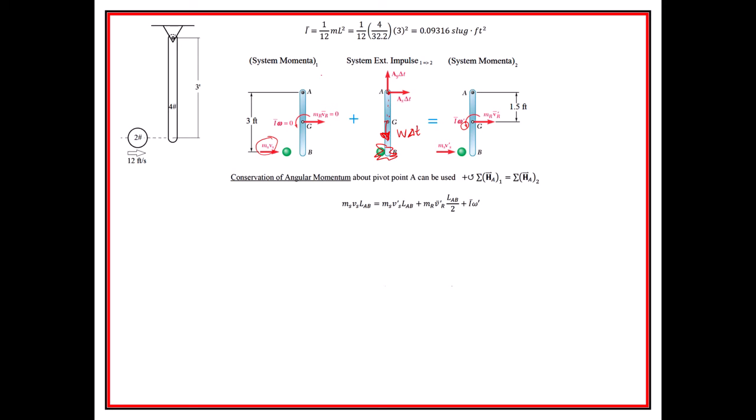And then we have the mass moment. We have linear momentum times that distance to the pin, LAB. And then we also have the mass of the rod times the velocity of the center of mass of the rod, and the distance from it to the pin is LAB over 2.